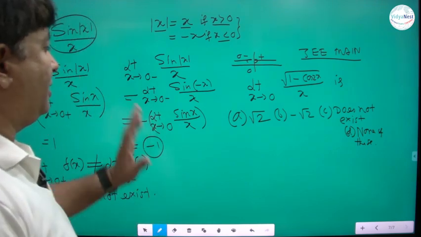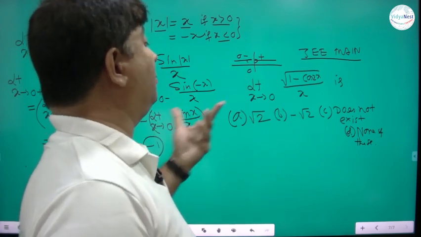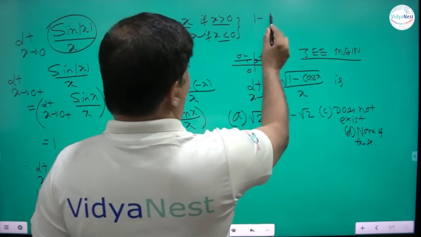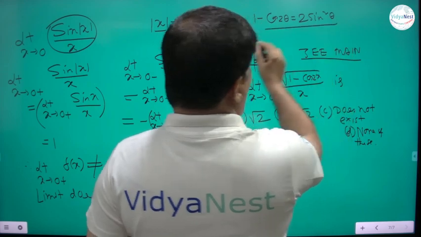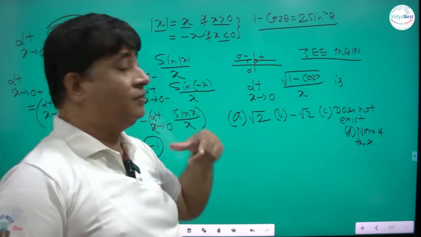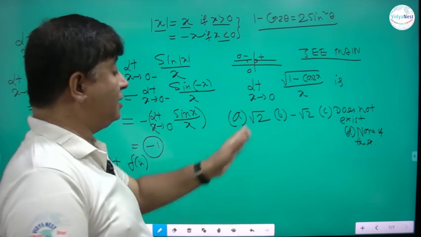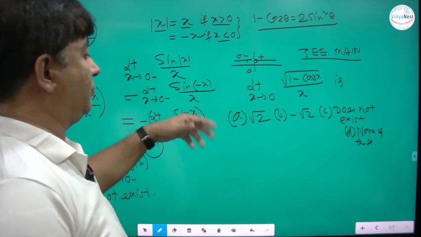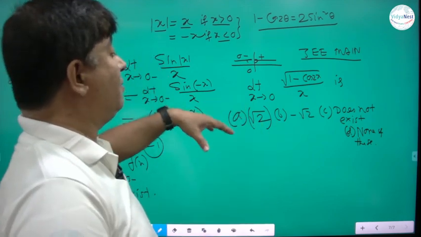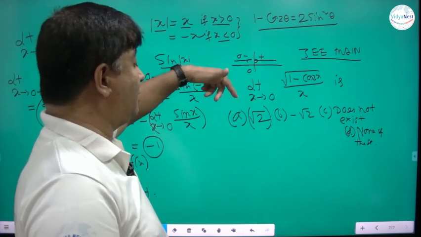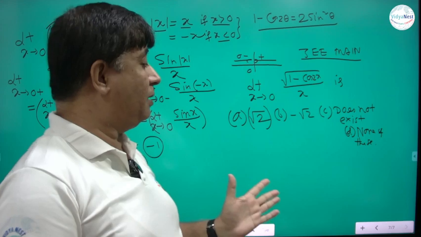See, first I will discuss the mistake. The students who knew the multiple angles property, 1 minus cos 2 theta is 2 sin squared theta, once they got that relation here, in a JEE Main type exam, they thought okay, their answer was coming so simple, so in the simpler form they had chosen either A or B. Some students got C, and a good number of students marked none of these.